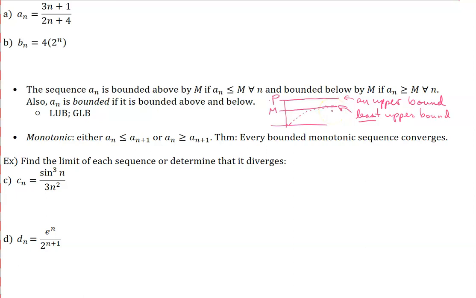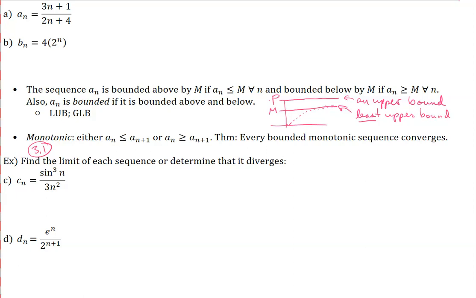Last term here, monotonic. This is something that we saw in section 3.1 in the book when we talked about increasing and decreasing. Remember, we said that a function is strictly increasing or strictly decreasing on an interval if it is monotonic. So using this notation here, it means a sub n is less than or equal to a sub n plus 1. So in other words, any term is less than or equal to its next term, okay?